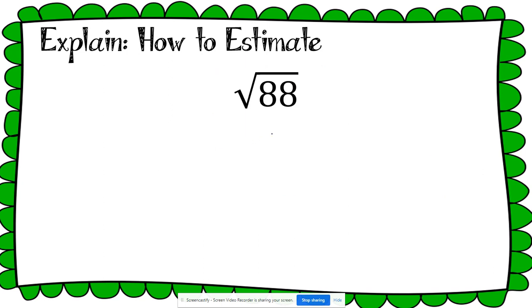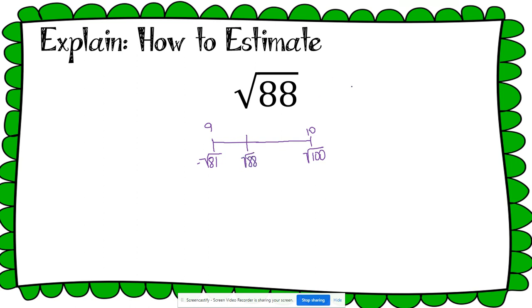Now let's think about the square root of 88. So let's think about our perfect squares that 88 would lie in between. Well, I know that the square root of 88 is going to be between the square root of 81, which is 9, and the square root of 100, which is 10. I know that it's probably closer to 9, so I'll put it about here.